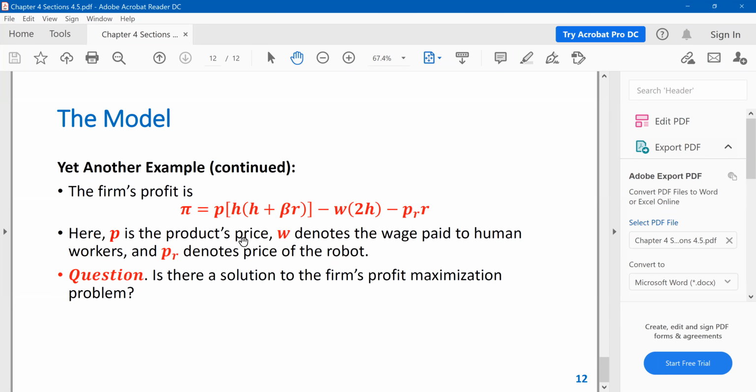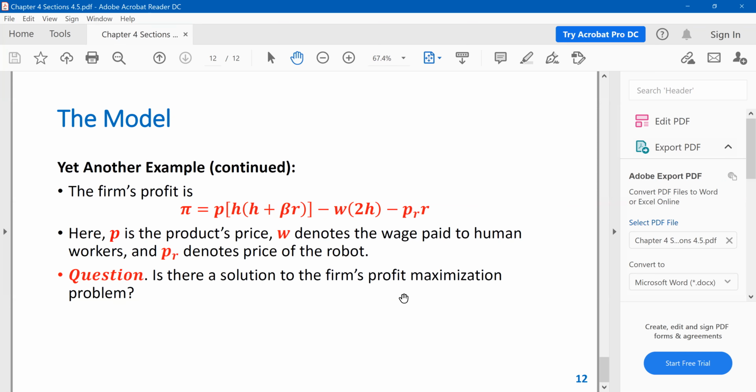H1 is performing the first task. H2 is possibly employed, depending on the prices and productivities. So you have W times H1 plus H2 as the total wage cost.